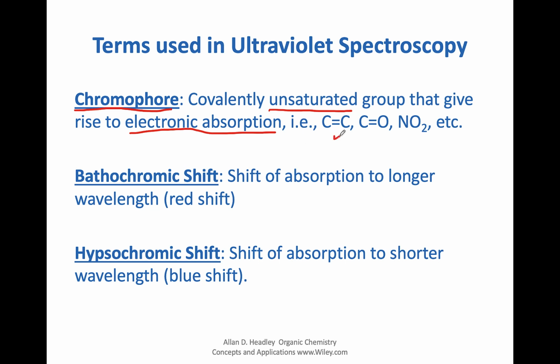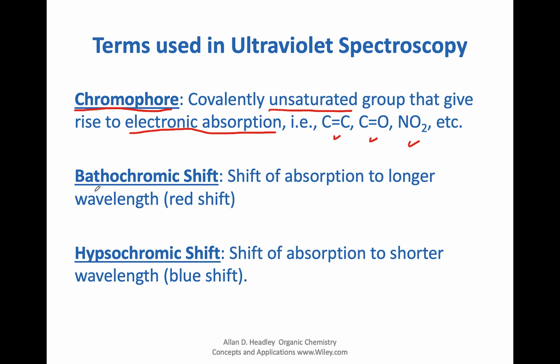It could be a double bond, it could be a carbonyl, it could be a nitrile group, or it could be conjugated double bonds. As you'll see in your textbook, there are different types of molecules that have different lambda maxes, and that gives us information about the structure of the molecule.